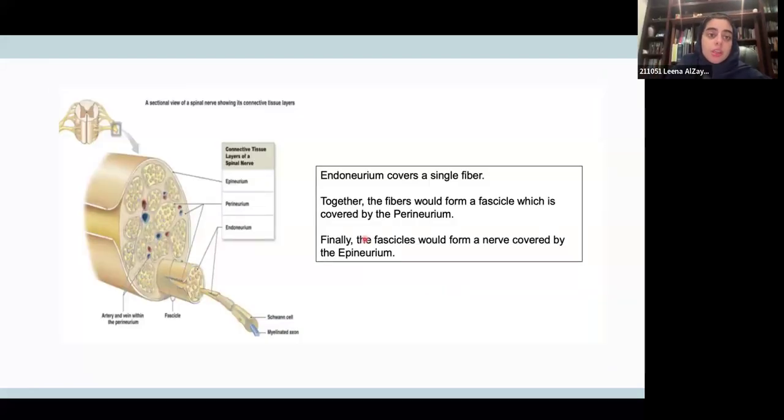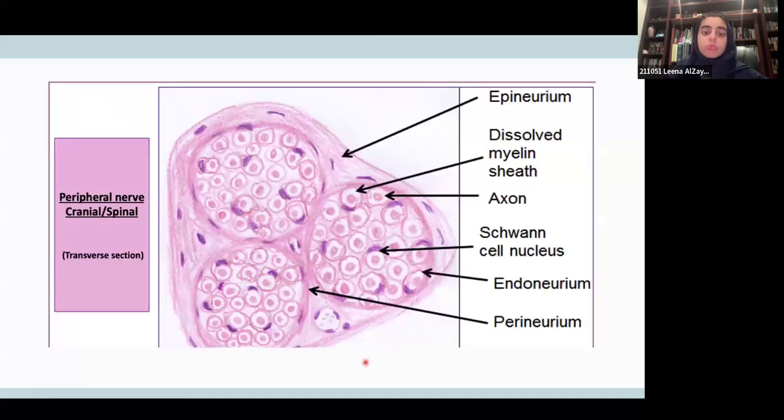The layers of the nerves is that you have endoneurium, and then perineurium, and then epineurium. Epineurium is the outermost, perineurium is like in the middle, and then endoneurium is around each fiber of axons. This is how it looks here.